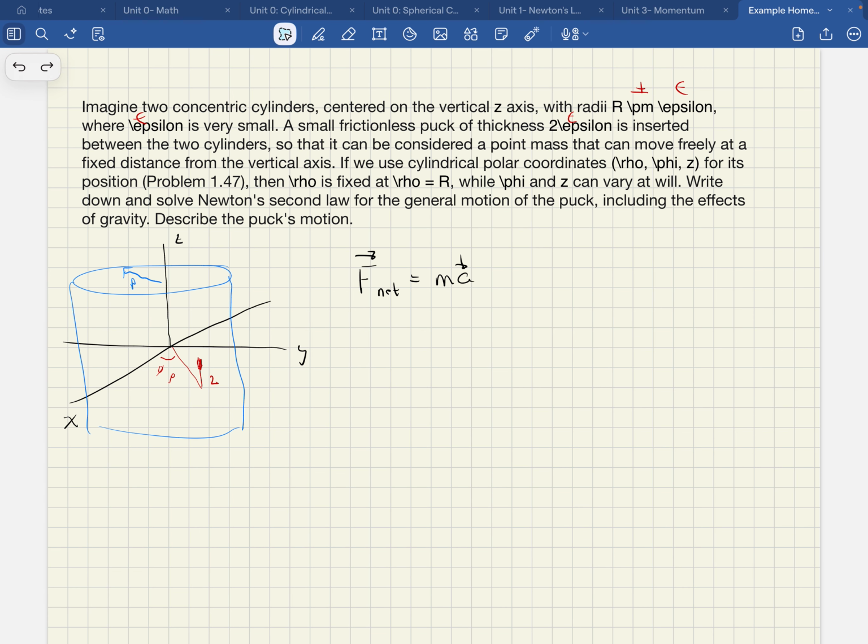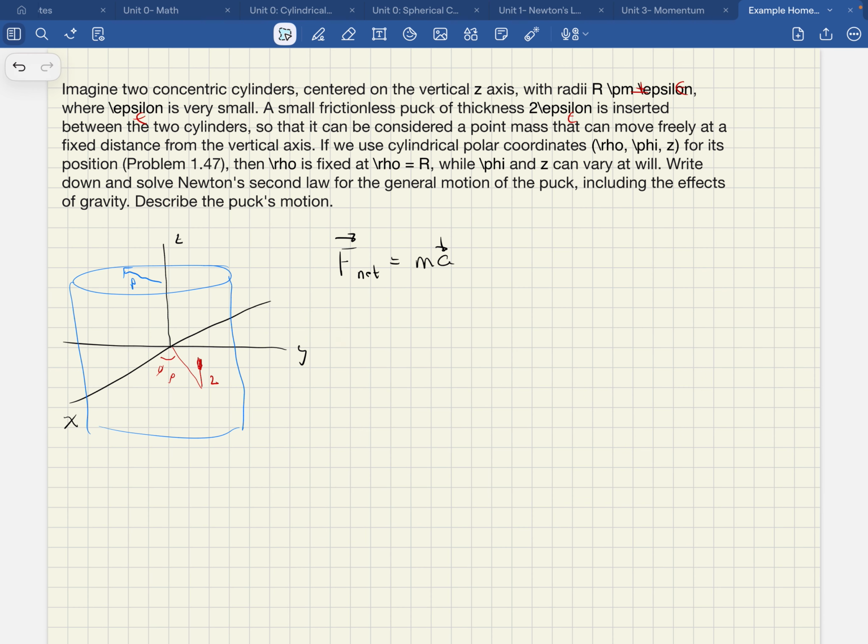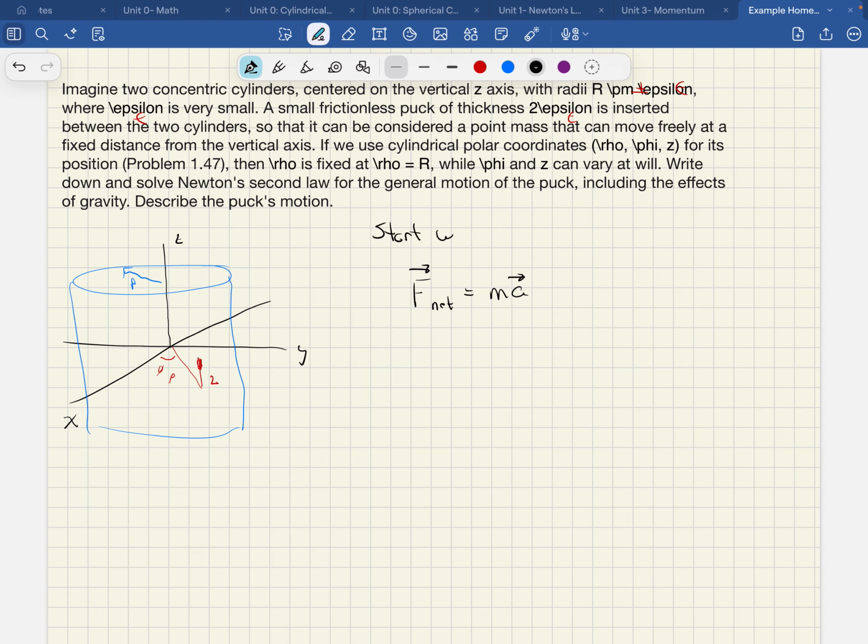The reason I'm making this video is I want to talk about what's expected for your homeworks. So every time we introduce an equation, we want to talk about where that equation came from. So this one is pretty straightforward. We're going to start with Newton's second law.